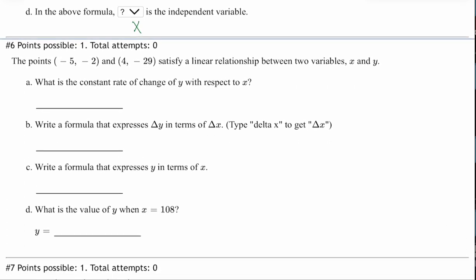It says the points given satisfy a linear relationship between the variables x and y. What is the constant rate of change? The constant rate of change when given 2 points is just our slope. It is delta y divided by delta x, or y2 minus y1 over x2 minus x1.